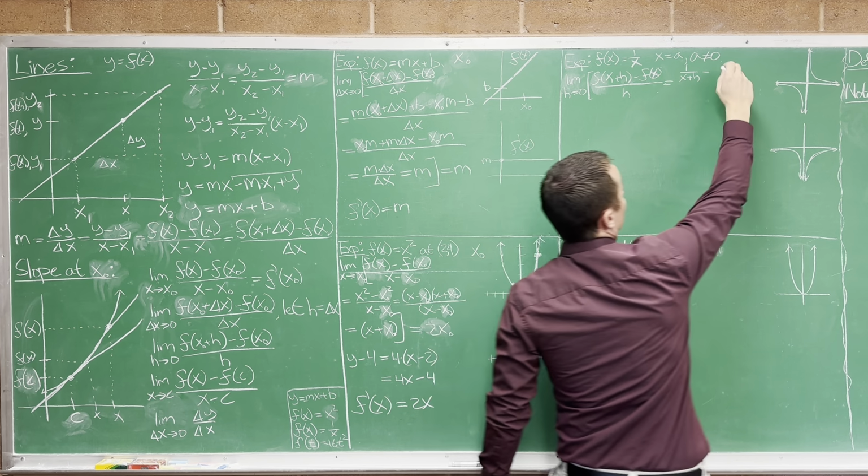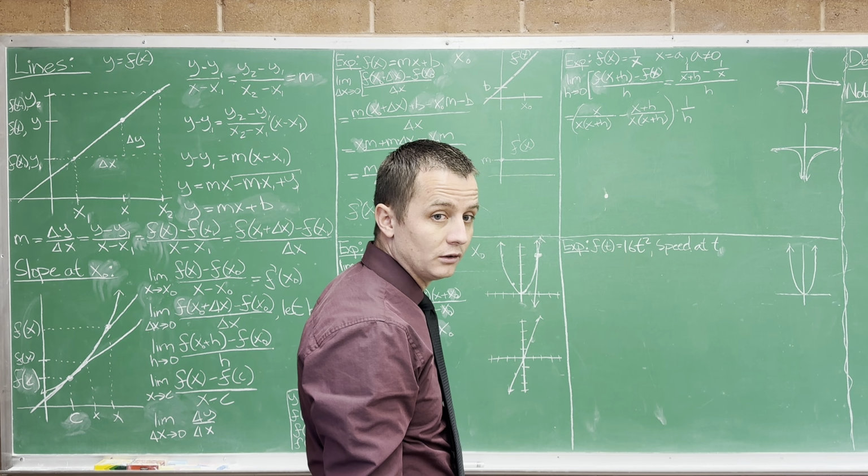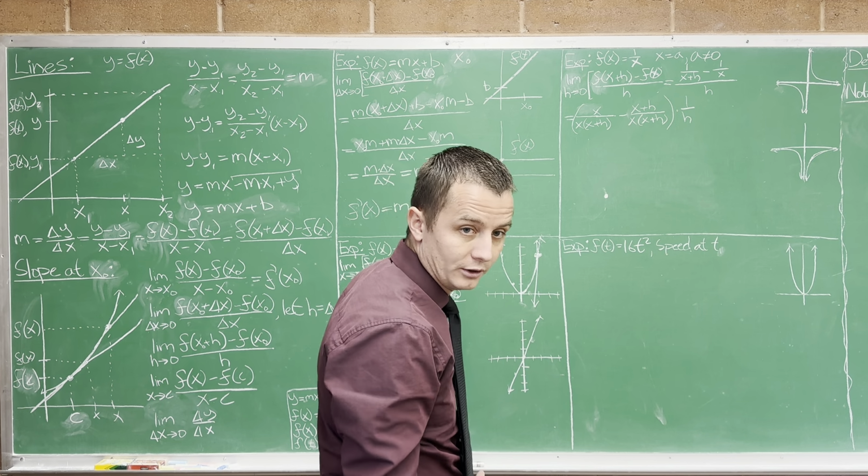So that's going to be minus x plus h all over x times x plus h. You with me? And then dividing by h is the same thing as just multiplying by 1 over h. Dividing by 3 is the same thing as multiplying by 1/3.